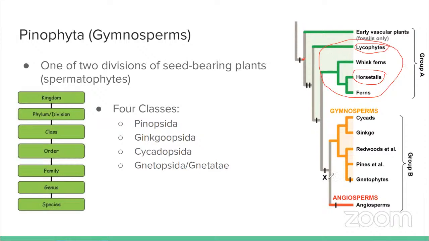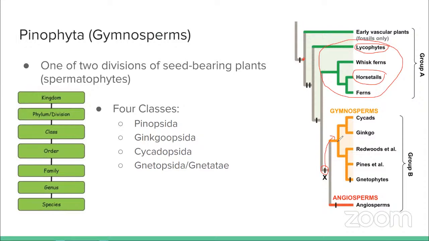Then we see the development of seeds. We're going to see that the gymnosperm technically means naked seed. So the way we're going to know that something is a gymnosperm when we're looking at its reproductive structures is that it's not going to have a fruit structure around it, basically.